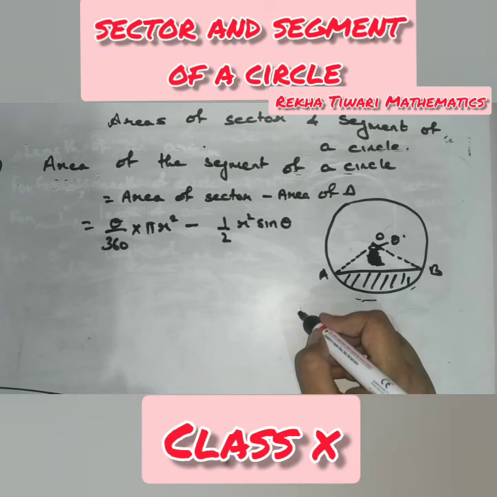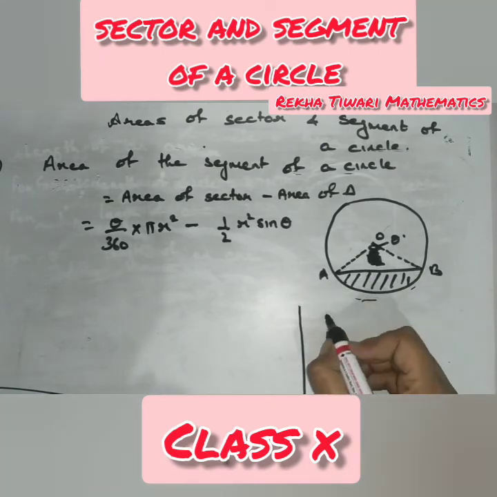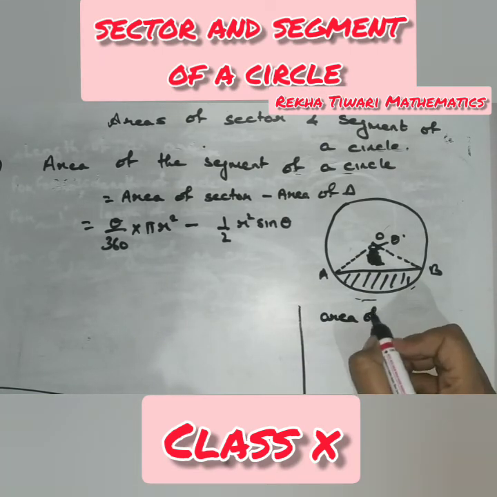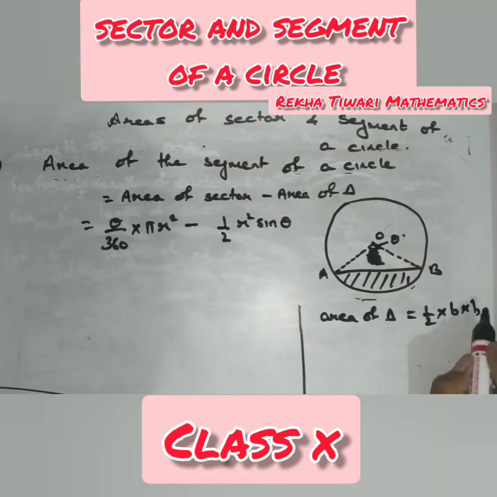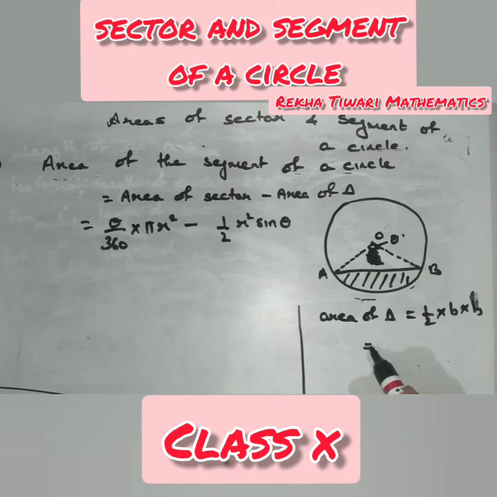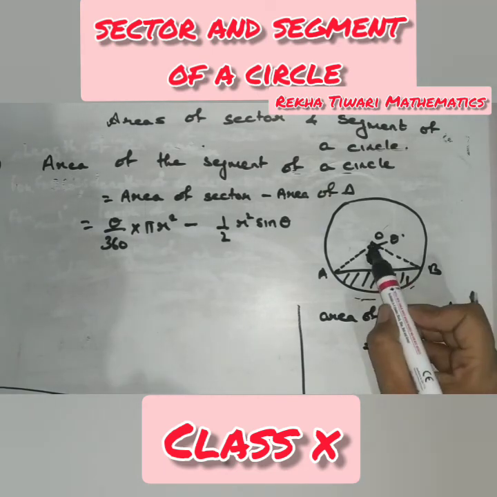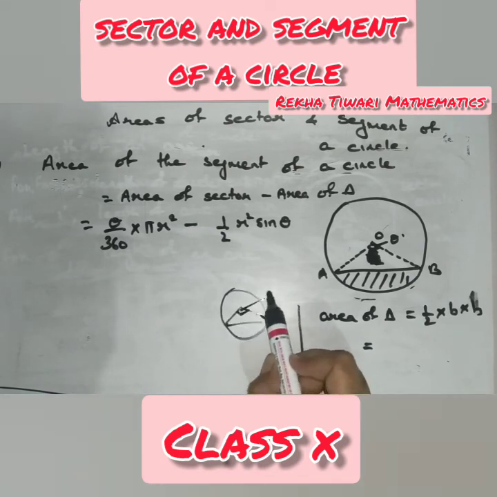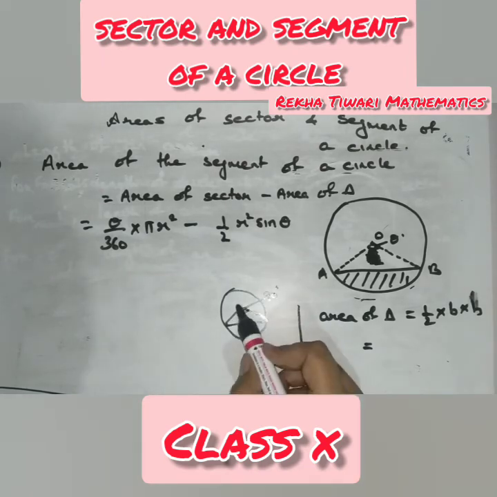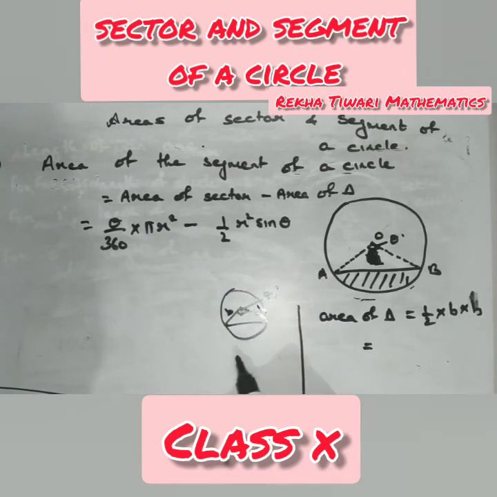Look here, I will tell you how you will get this. See, area of triangle is half into base into height. Let me draw the figure again. If theta is 90, suppose this is 90 degree given to you, then this becomes the base and this becomes the height. I can use the formula half base into height.